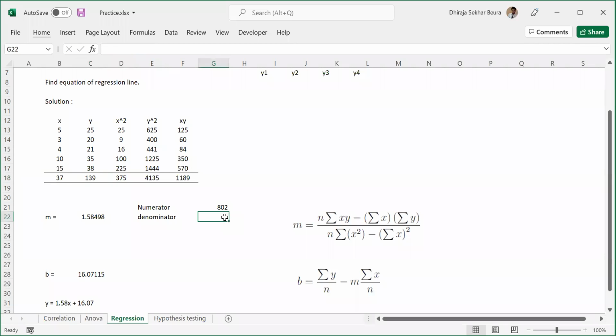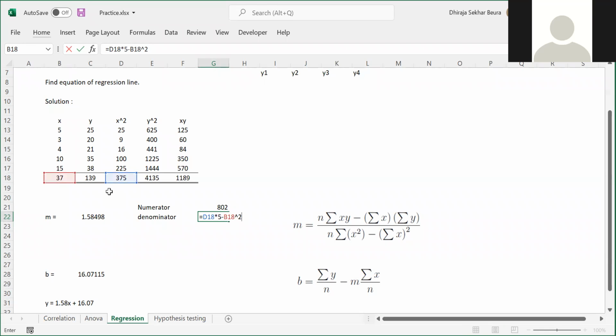What is your denominator? You take the summation of x square, that is 375, multiply n (5) with it. Again, multiplication of n is in both the numerator and the denominator. X square summation total multiplied by n, you deduct the summation of x squared.